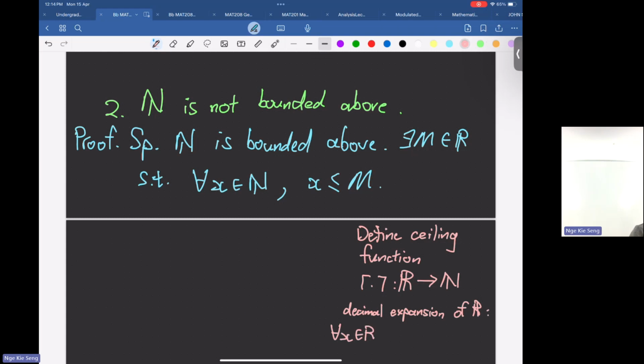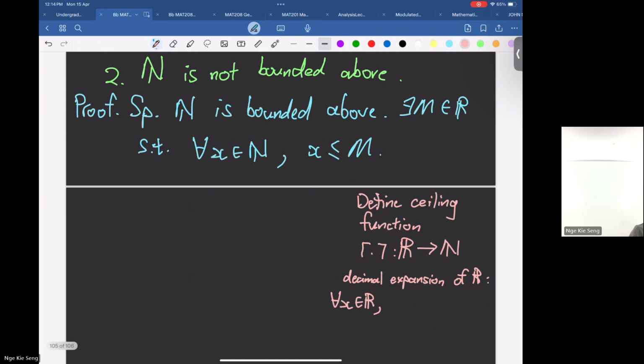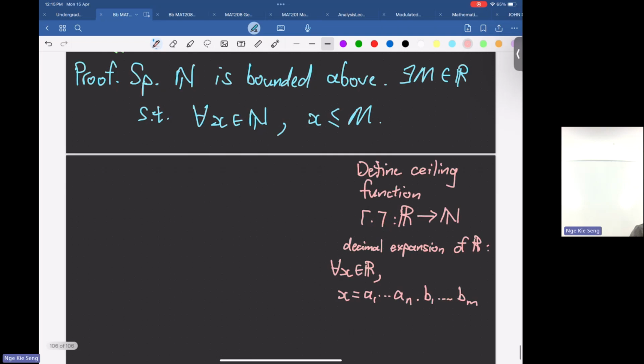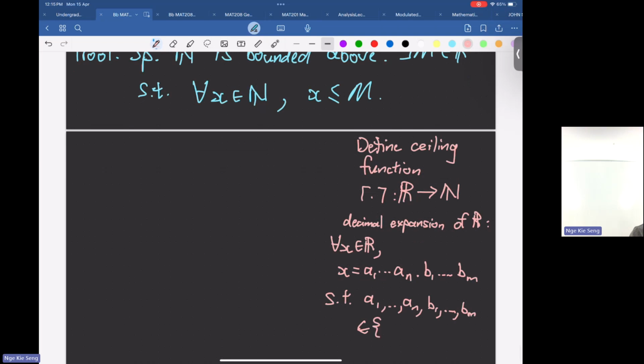For every element in R, we can write x equals A1 to An, and then dot B1 to Bm, such that A1 to An, B1 to Bm are digits 0, 1, 2, up to 9. This is a decimal. Did you guys learn this or not?